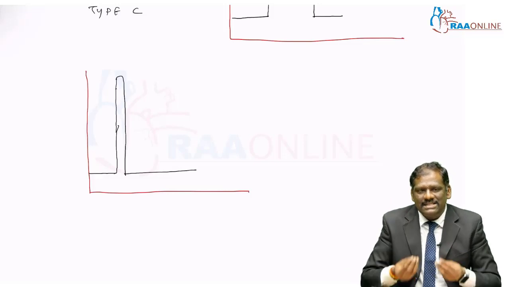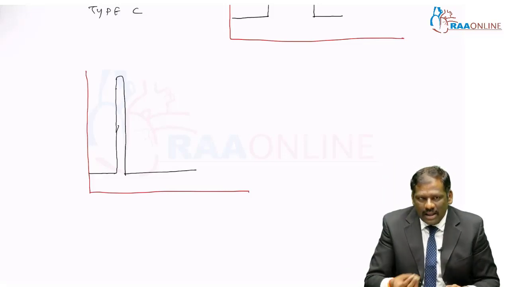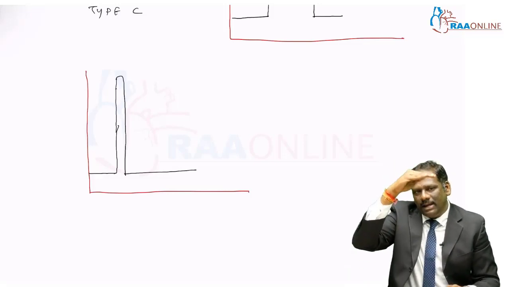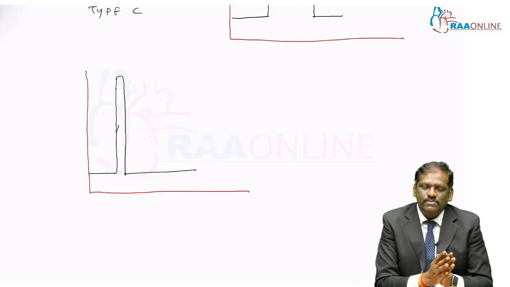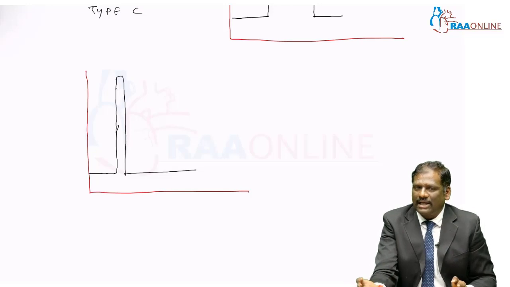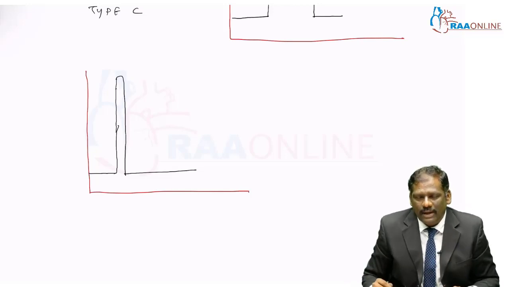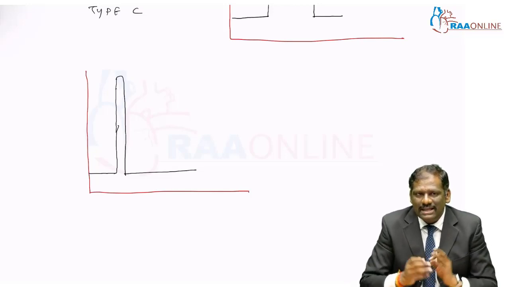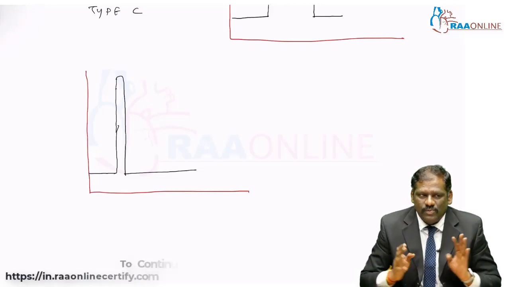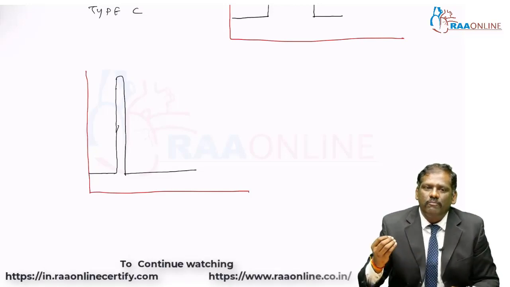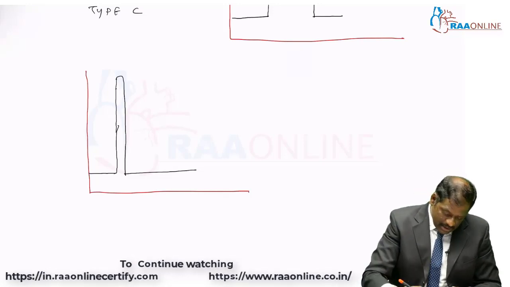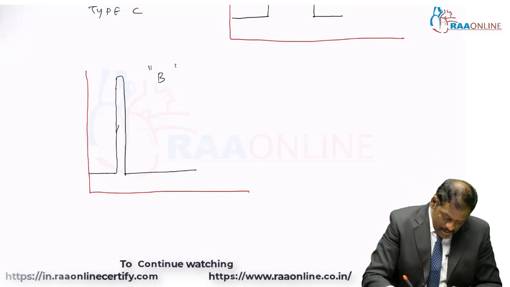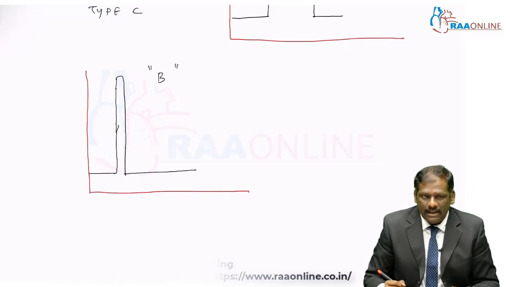There is a transient increase in the signal, and once that signal has reached that peak, it will again come back to its basal position in spite of the signal getting attached to DNA. Okay, this kind of a response is called a type B response. See, various kinds of different pharmacological agents will exhibit this type of response. This is type B response.